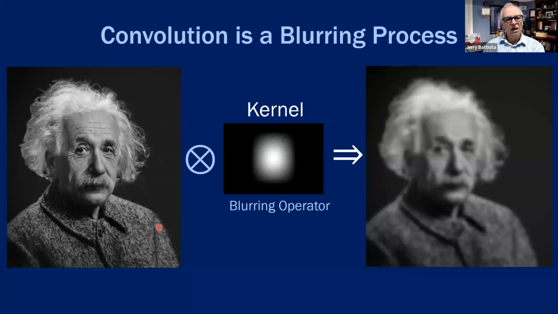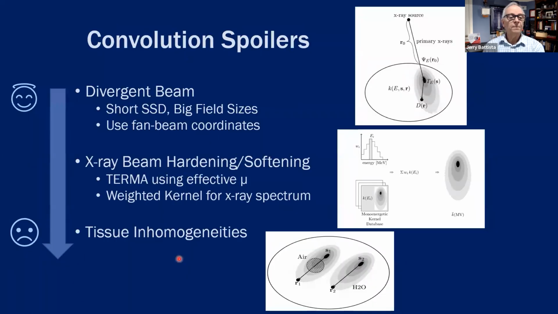You take Albert here, and you take this blurred operator, and you put it at every point on his hair and on his face and so on, you end up with a blurred distribution, or a blurred Einstein, because of this scattered energy.